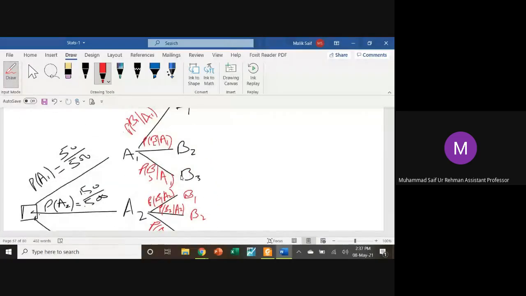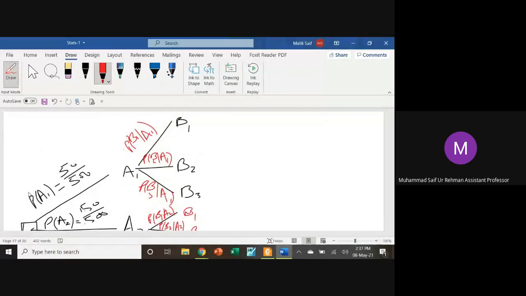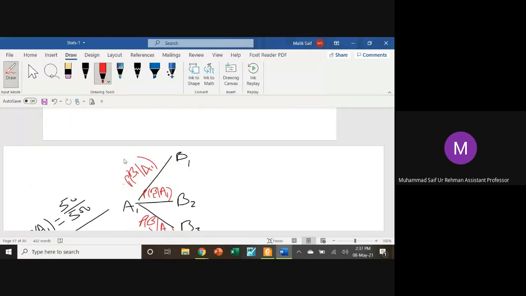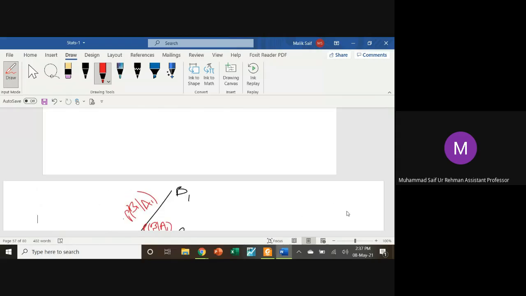Now see, these are the simple probabilities, or you may also call these prior probabilities. And these are the conditional probabilities. And finally, there are joint probabilities. Here you will give the title as joint probabilities.